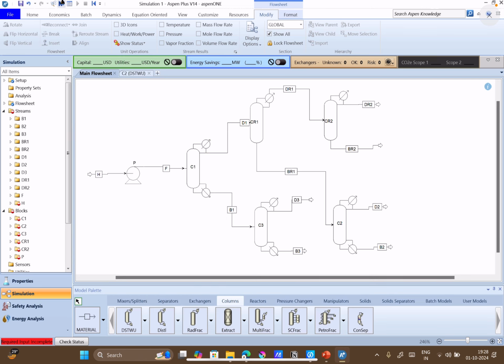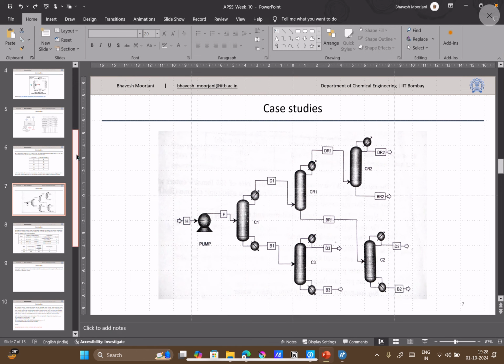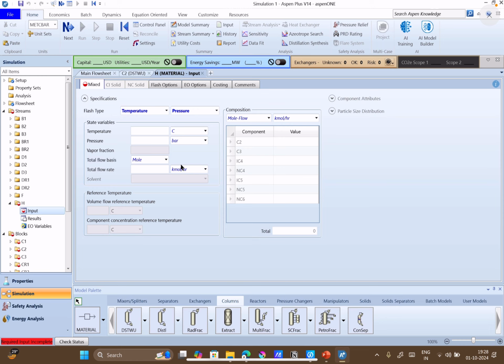Now let's put the input data. So first we have stream H, which is coming at 5 degree centigrade, 2.5 atmosphere, and molar flow rates are given, right?